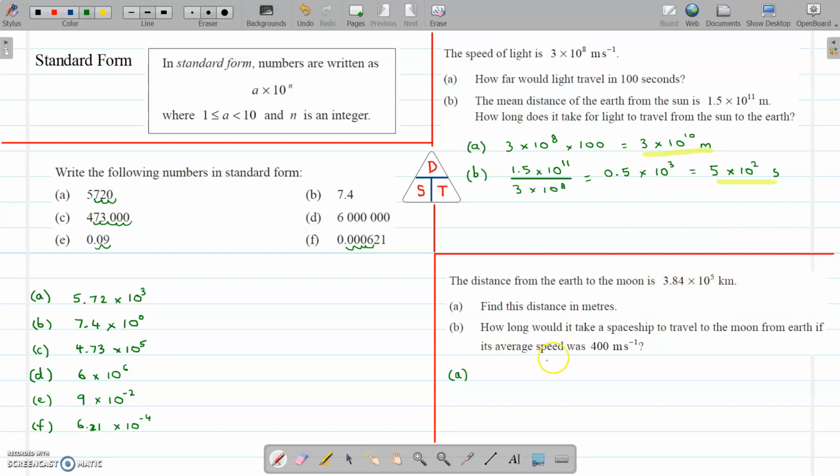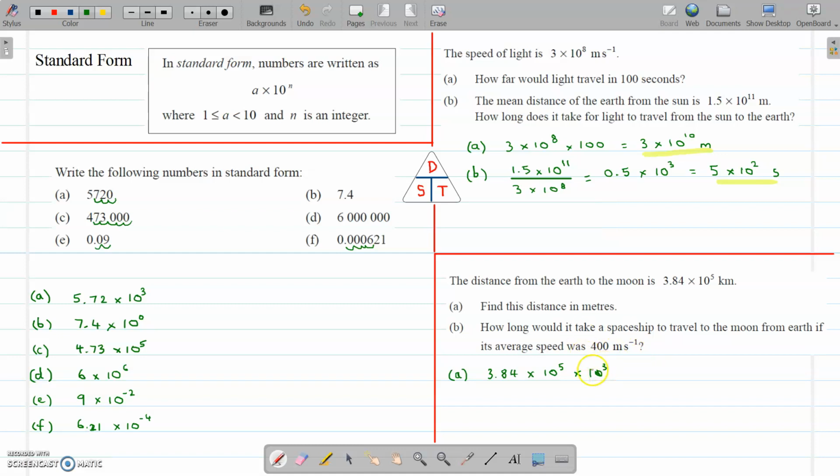So I need to take that number and times it by 1,000. So I have 3.84 times 10 to the 5, times 1,000. And 1,000 is 10 to the power 3.